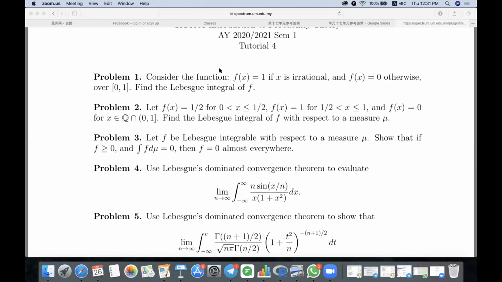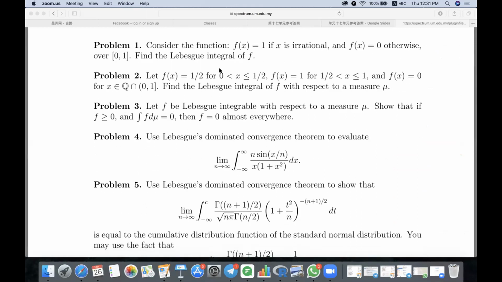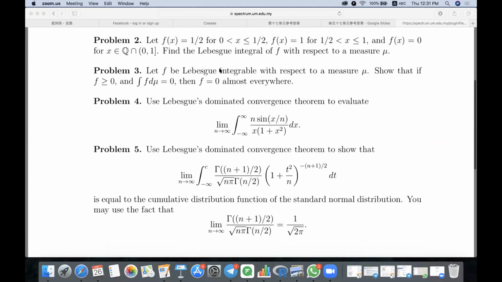Can you see my screen? Yes, doctor. So tutorial 4 is all on the Lebesgue integral, and also the use of the Lebesgue DCT, dominated convergence, right?